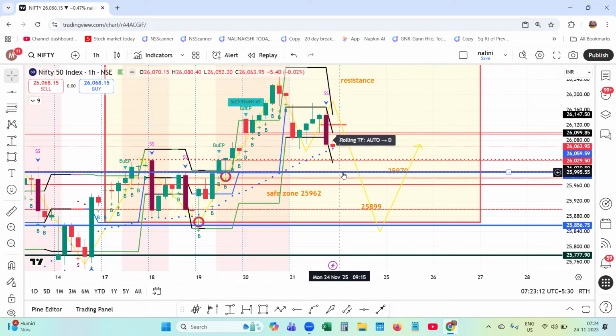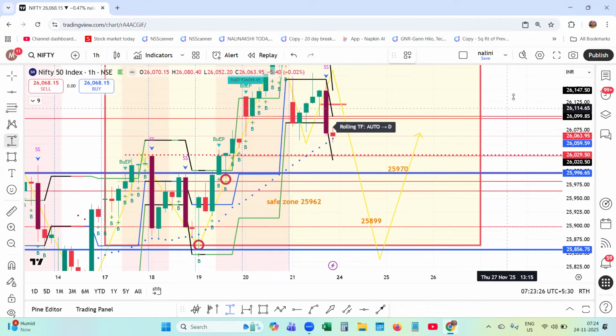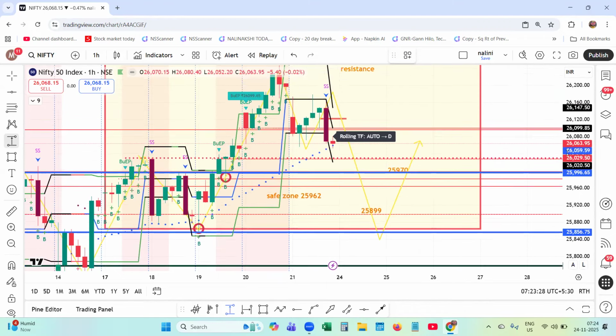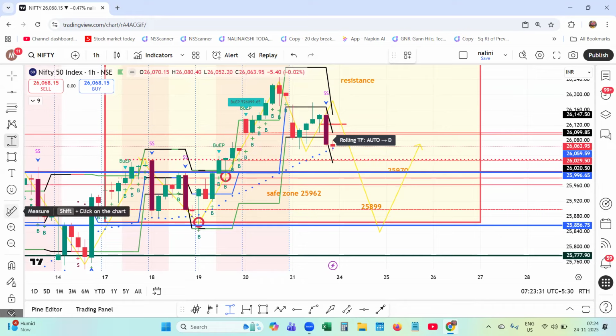Initially, the market can hit this level and it may show some reaction, because since it has broken down, the measured move is from this area to here. So the trade should be on the PE side. Sell on rise.